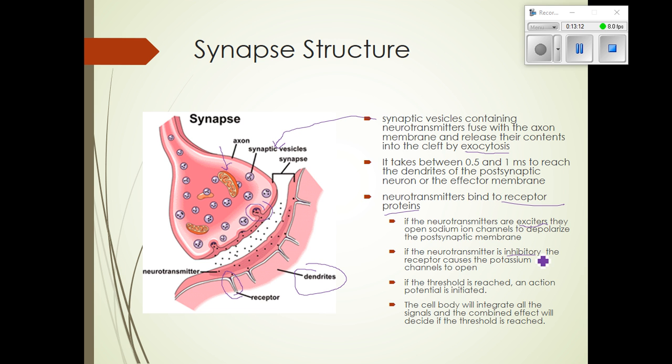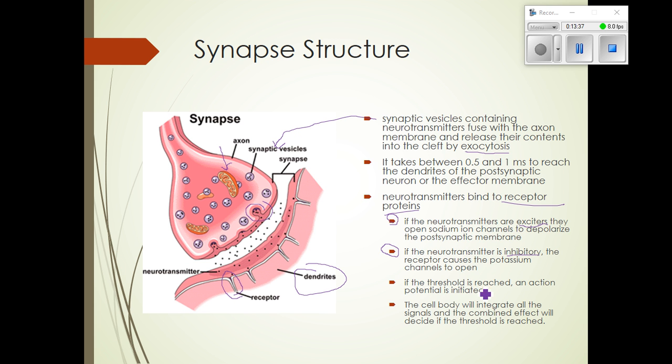If the neurotransmitter is inhibitory, it causes potassium channels to open. If you think about an action potential, potassium wants to leave the cell. That makes the dendrite even more negative than it was before. So excitatory neurotransmitters let sodium in, inhibitory neurotransmitters let potassium out.